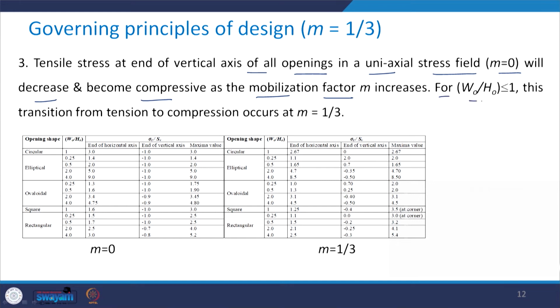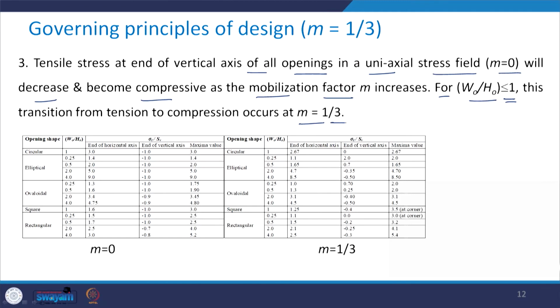For W naught by H naught less than or equal to 1, this transition from tension to compression occurs at the 1 by 3 value of m. So, you see that both the tables I have pasted here, this corresponds to m equal to 0, this corresponds to m equal to 1 by 3.